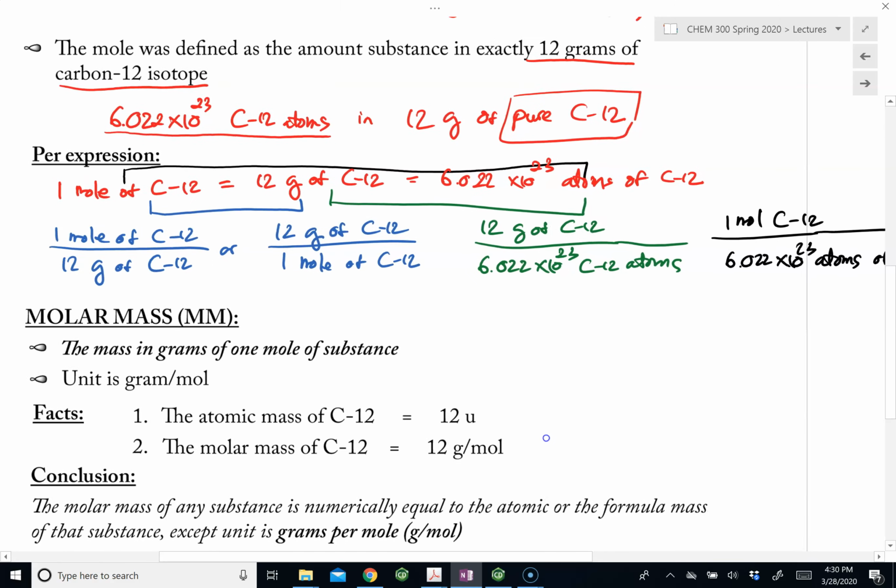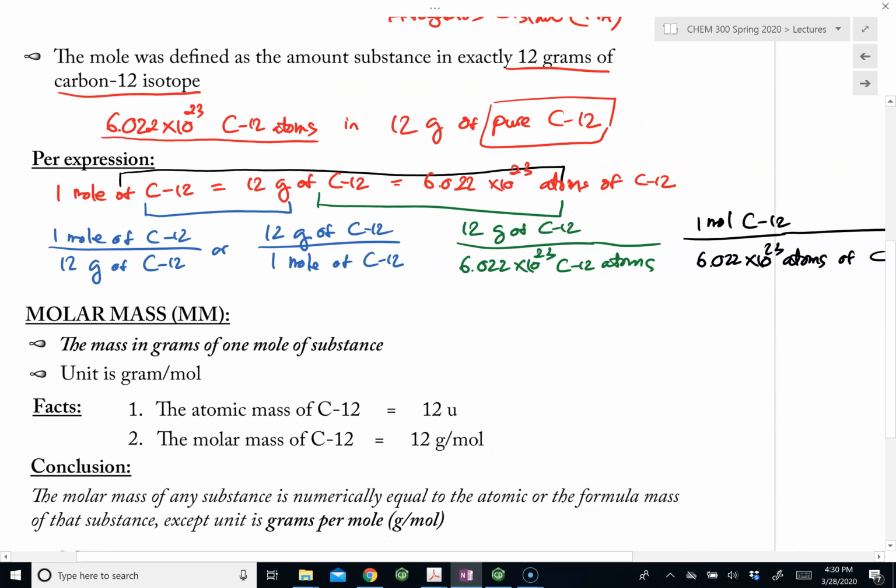So that's an example of the 3 different types of conversion factors that we can write given this relationship above, where these 3 variables are equal to each other.